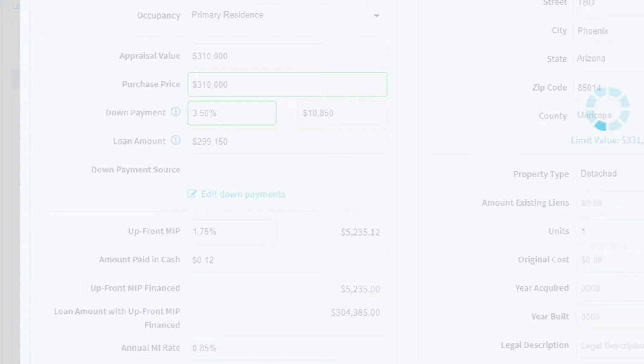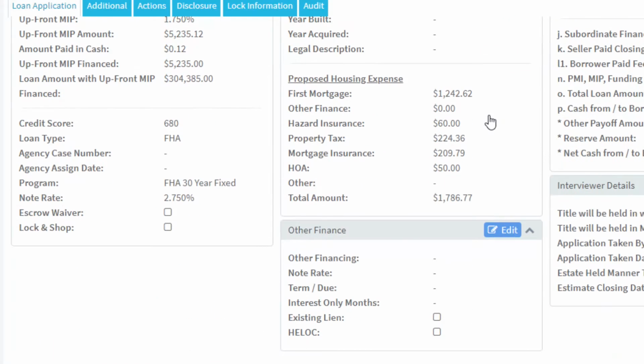When we plug those numbers in, it gives us a payment of $1,242.62, principal and interest only. Then I added insurance at $60 a month, property taxes at $224, mortgage insurance, which is required by FHA, $209, and then HOA, which here in Phoenix we have a lot of.